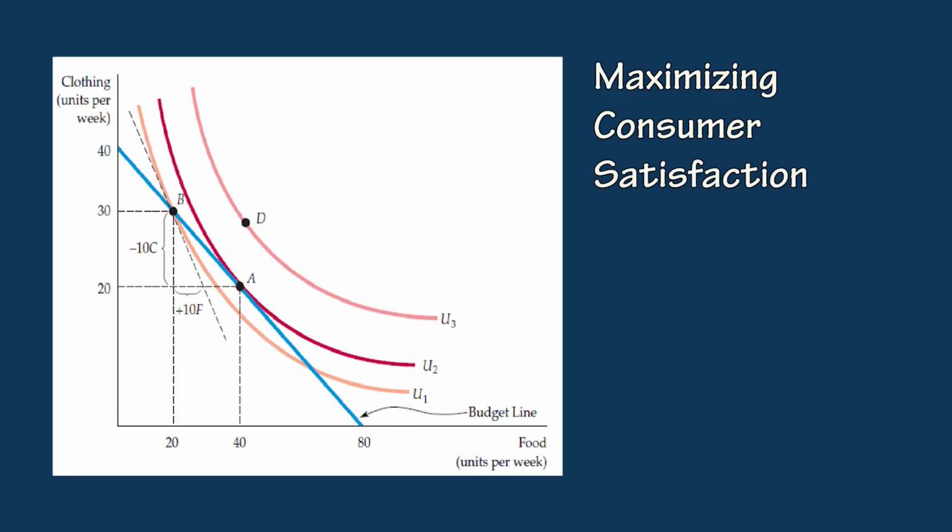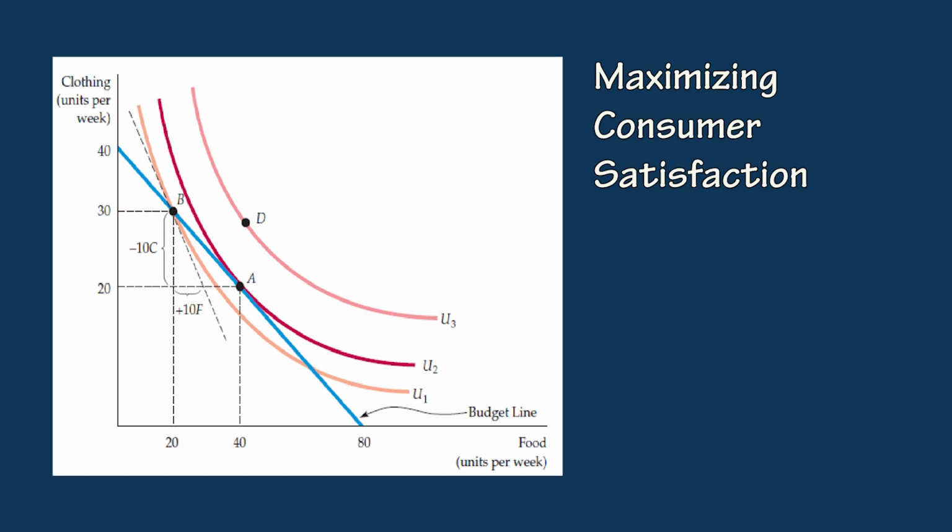Now, what is the consumer equilibrium? Consumer equilibrium is the maximizing of consumer satisfaction. So where is it happening? It is happening at point A, in which the budget line is tangent to an indifference curve representing the U2 level of utility.